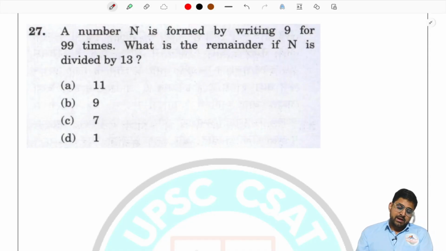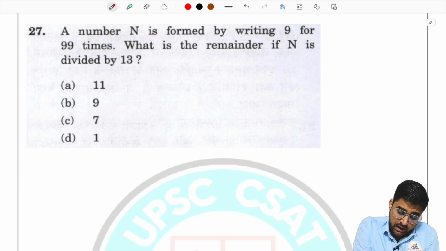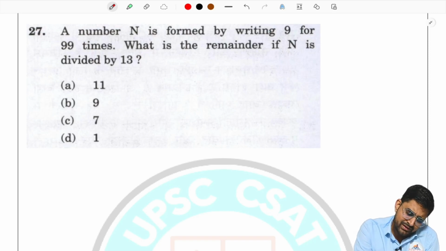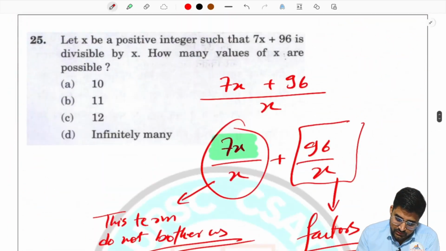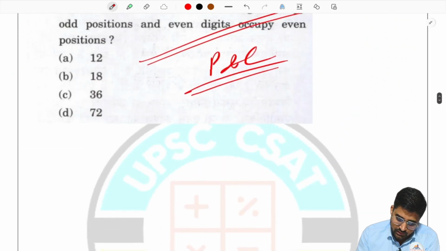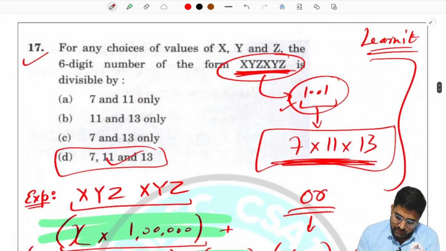Now, what's the question saying? A number n is formed by writing n for 99 times. What is the remainder if n is divided by 13? Oh, it's a very simple question. We have done it in this class only. Where is it? 7 into 11 into 13. Yeah, here.